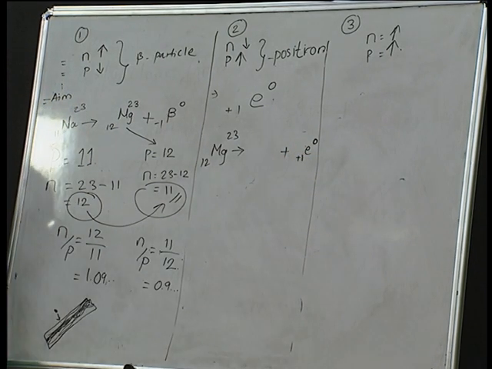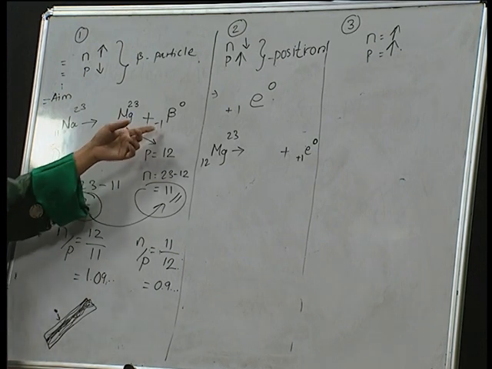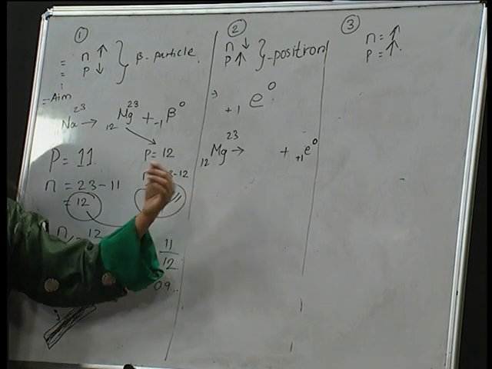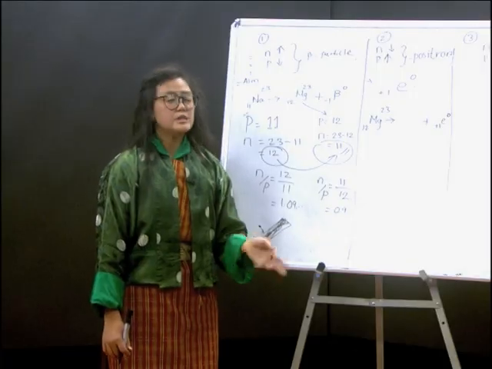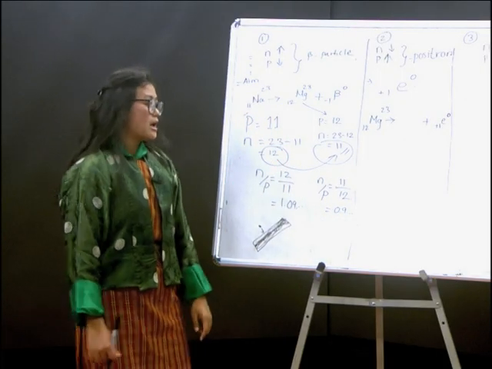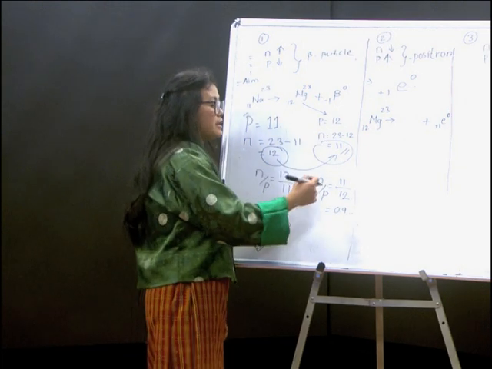The formation of new product will be a little bit different from beta particle. So when the beta particle gets emitted, the new product formed will have same mass number and the atomic number will be increased by 1 unit. But for this positron, the atomic number will reduce by 1 unit and mass number will remain same.